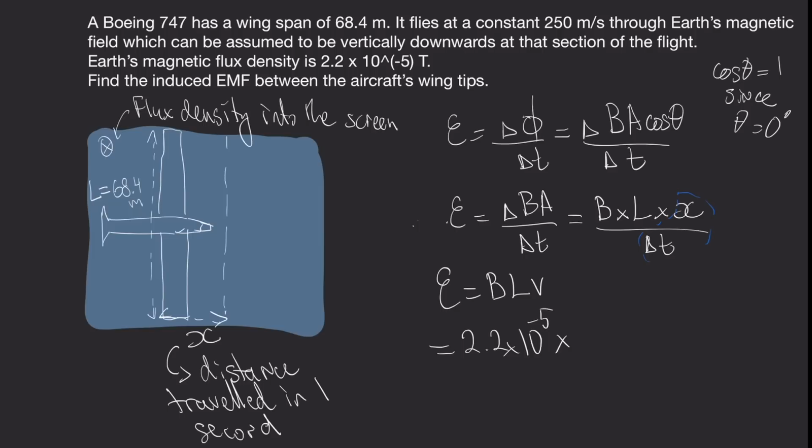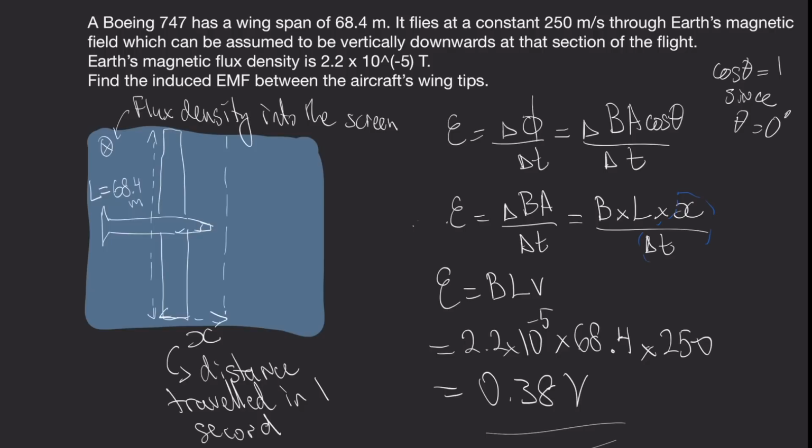Our length of the conductor is 68.4, and then that's multiplied by the speed, or in this case the distance traveled per second, which is going to be 250. Okay, let's put this into a calculator. If I've done this correctly, we're going to get, up to two significant figures, 0.38 volts.